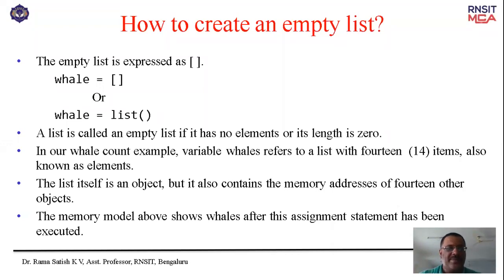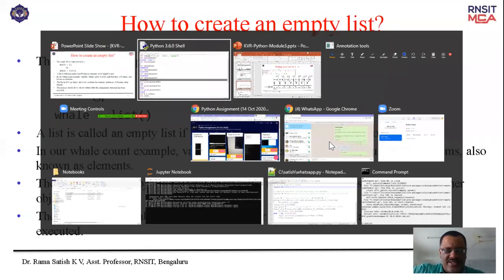Or values is equal to list with empty parentheses. A list is called an empty list if it has no elements or its length is 0. Let us look at the same thing.